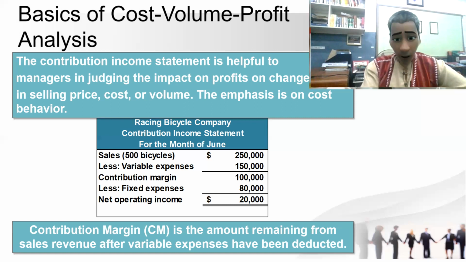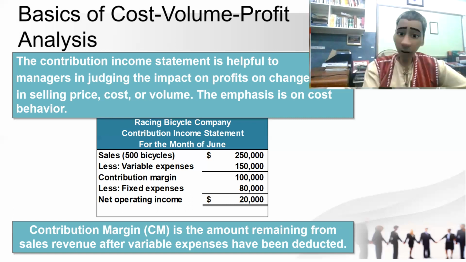So if we want to determine the net operating income, we have to subtract again the fixed expenses. So the contribution type of income statement is a type of income statement wherein we separate the variable and fixed cost. That is a review. We already know that from the last chapter.